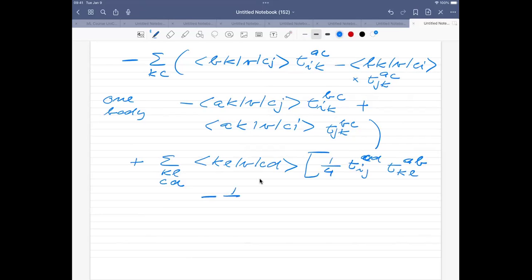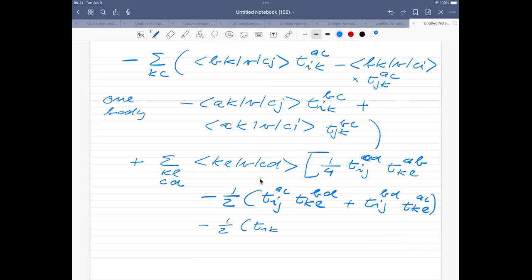And then I have minus 1/2, and then I have the amplitudes T_ij^ac, T_kl^bd, and some of these will also disappear when we look at the pairing model, plus T_ij^bd times T_kl^ac. And then I have a new term, which is also minus 1/2, and then I have a T_ik^ab and T_jl.